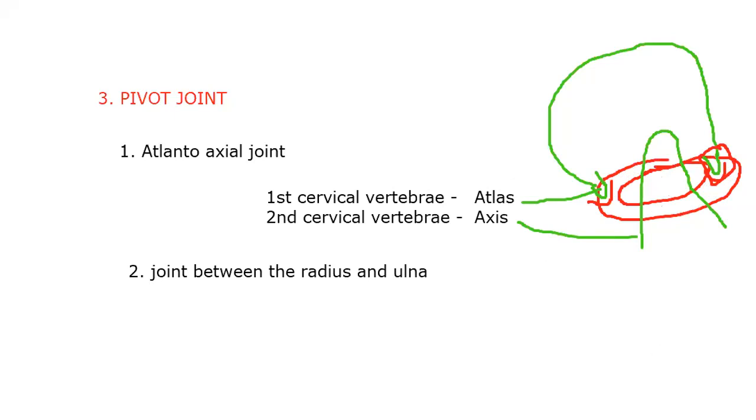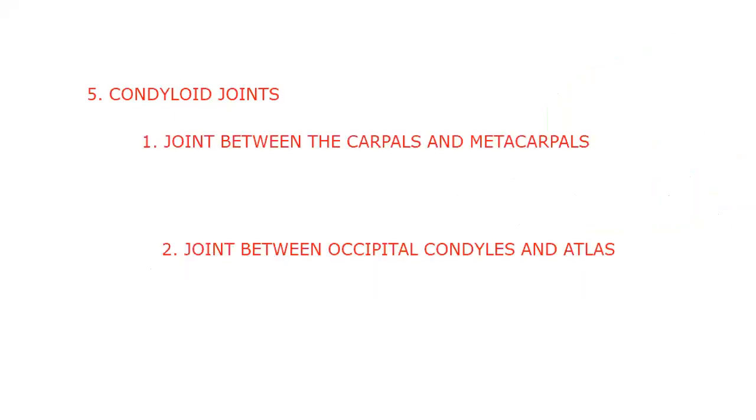Now I am talking about the joint between the condyles of the occipital bone. Shall we draw here also? This is the axis, and the atlas I am going to draw. No doubt here, this joint is a pivotal joint.